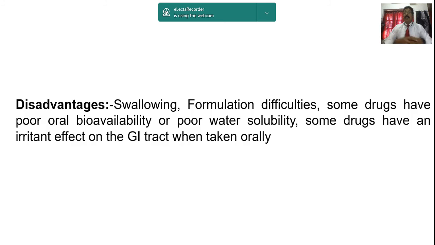No. So why? Because some of the drug will be lost in the GIT. Even when it comes to the stomach and goes to the intestine, some of it will be excreted. Only a few will be absorbed.